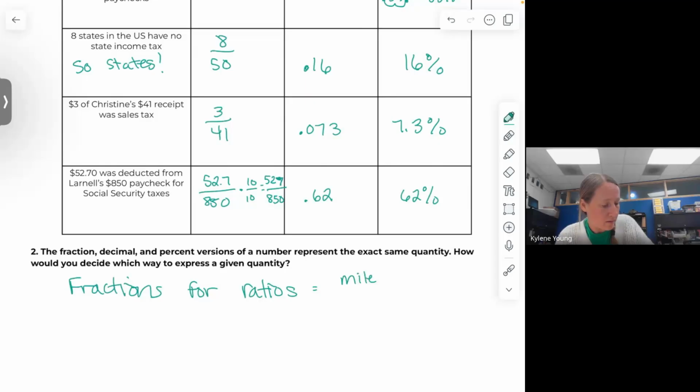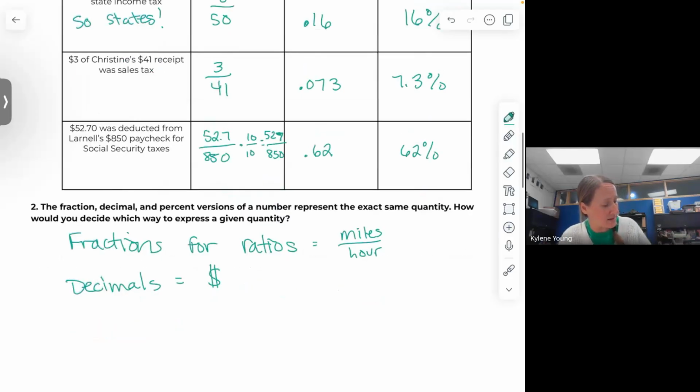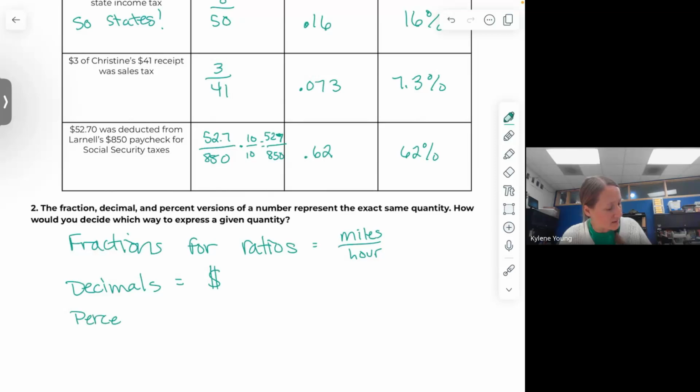That's good as a fraction. Decimals are really helpful for things such as money, which is what we're talking about all year long. So we're going to see a lot of decimals. Percents, those can help you for things like clearance sales. You might see like 50% off, etc. So you might have some different answers there, but those are just some of my own examples.